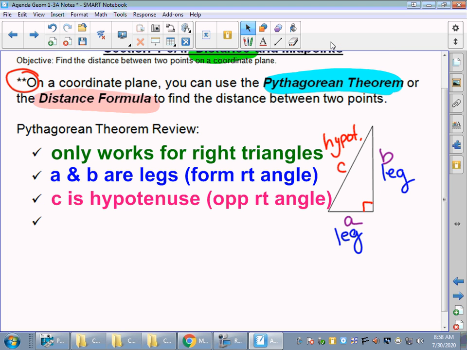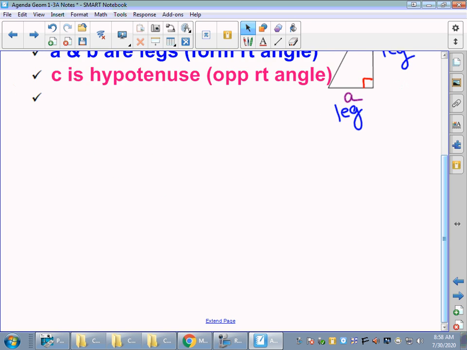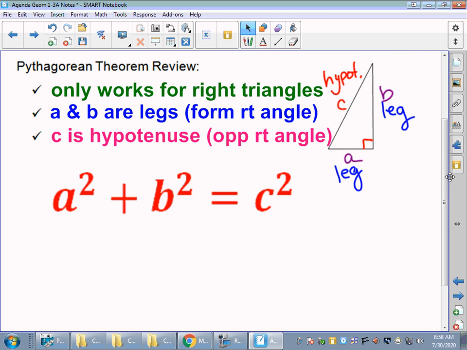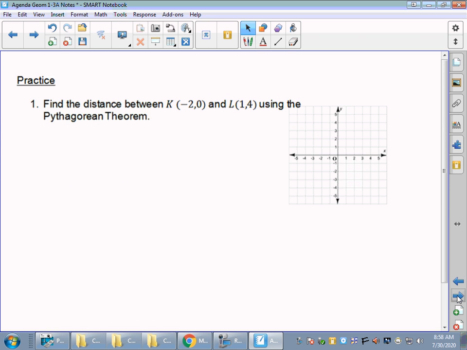If you can identify the legs A and B and the hypotenuse C, you will probably already know that A squared plus B squared equals C squared. So take the two legs, square them, and add them up. That will give you the hypotenuse squared. Again, remember, this is recorded, so if you need to stop, pause, back up, rewind, rewatch, please do so.